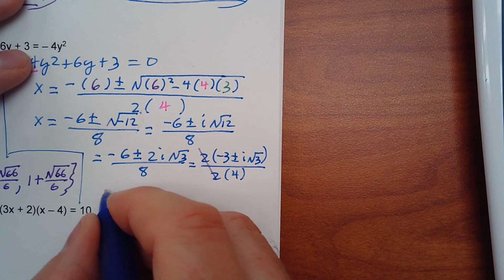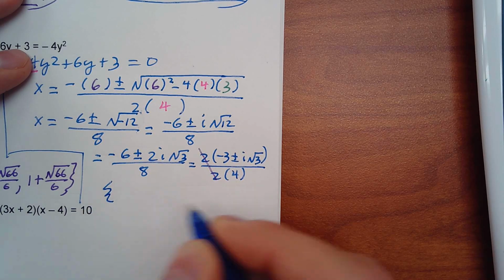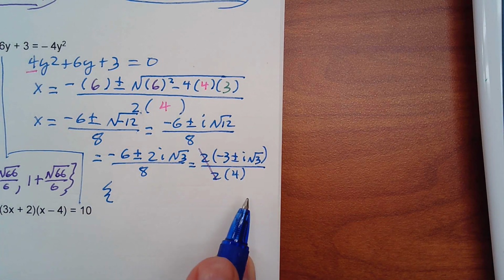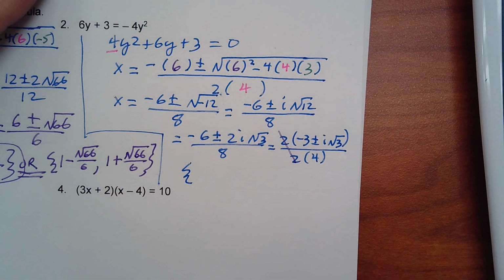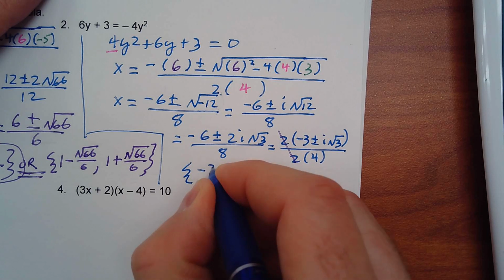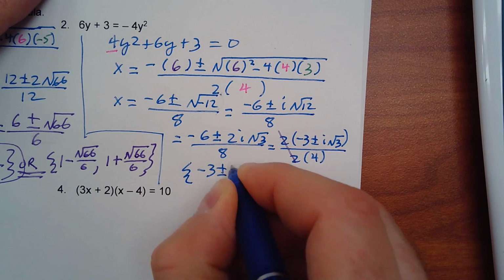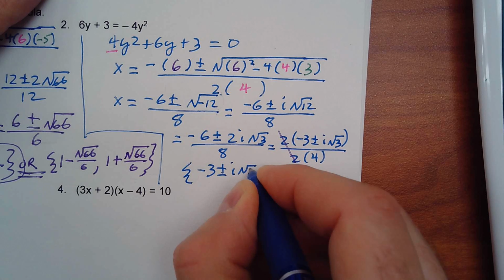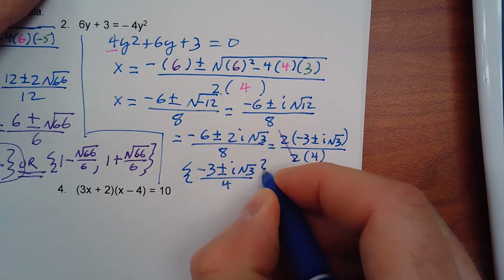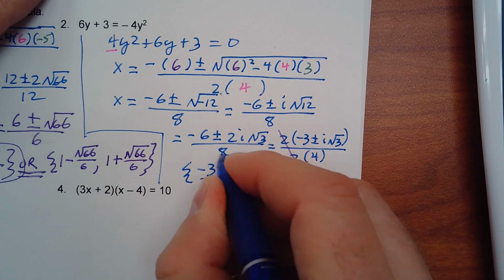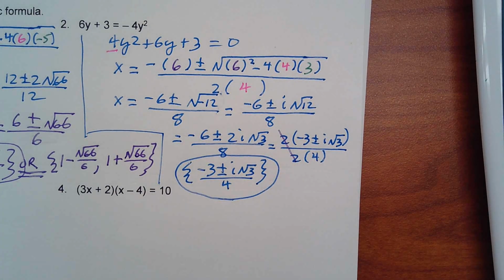So now I'm going to write my answer a little more compactly. I think we've emphasized the point enough that these mean two different answers. So I'm just going to leave it in that compact notation, partly because I'm running out of room here. So that'd be your answer.